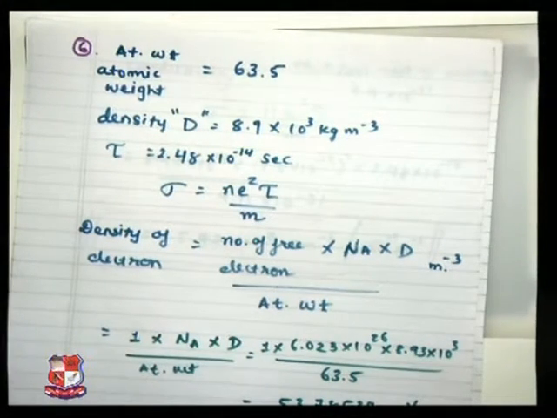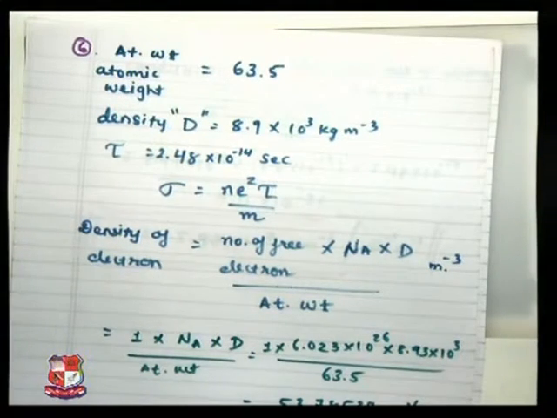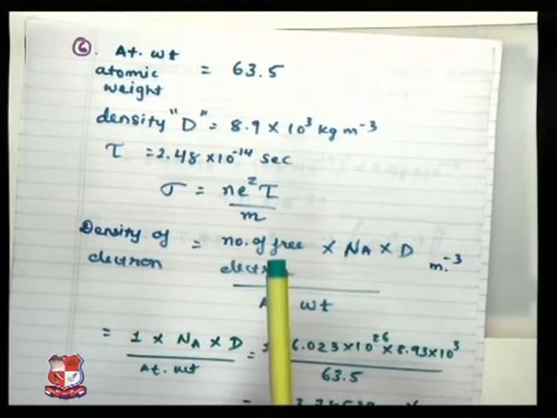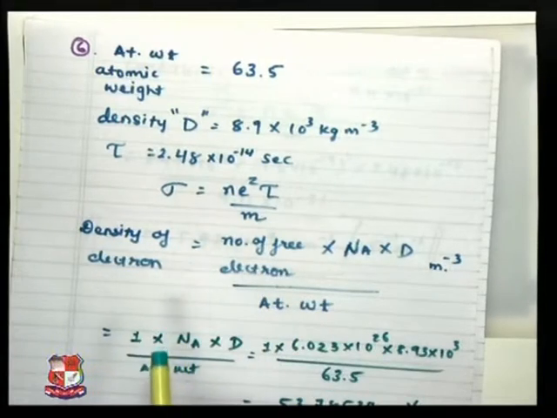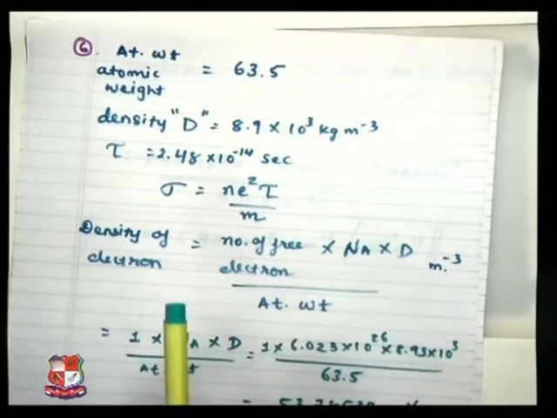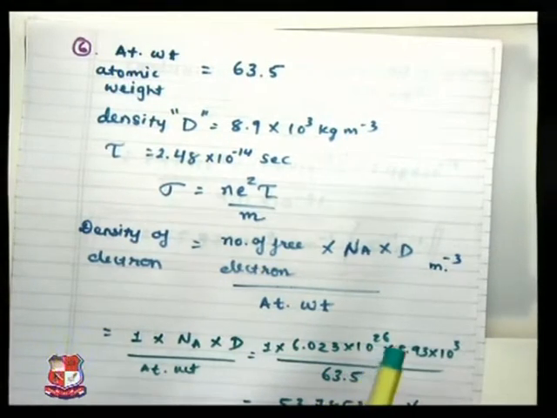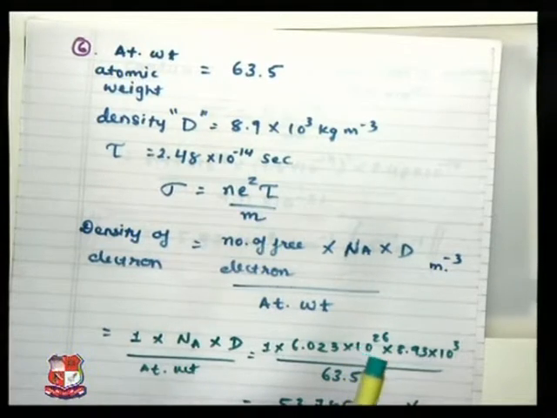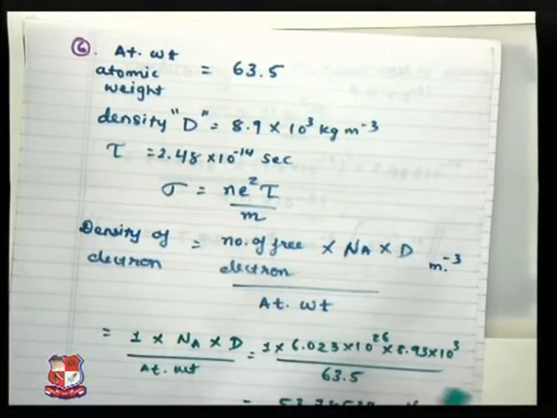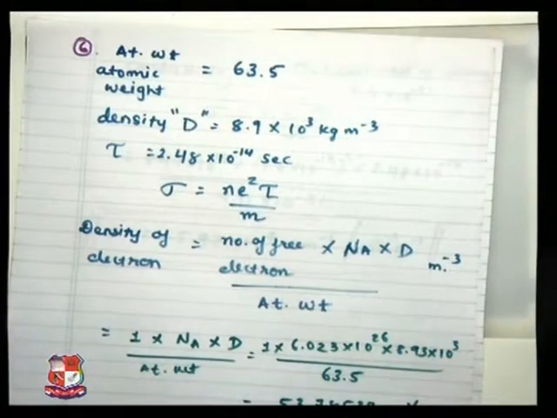Here for copper, the number of free electrons is taken as 1. Avogadro number, that is 6.023 into 10 raised to 26, multiplied by d, that is 8.93 into 10 raised to 3, divided by 63.5.